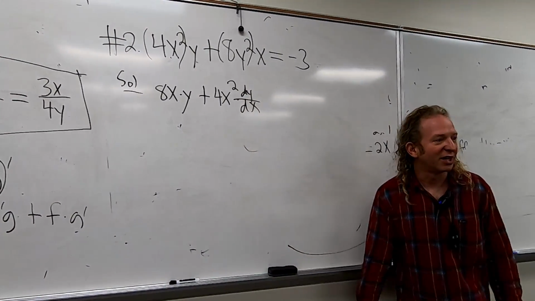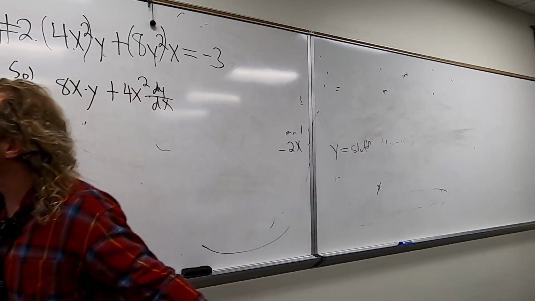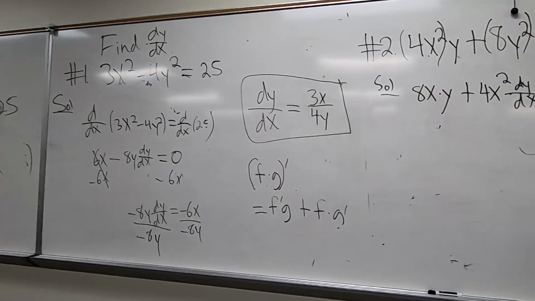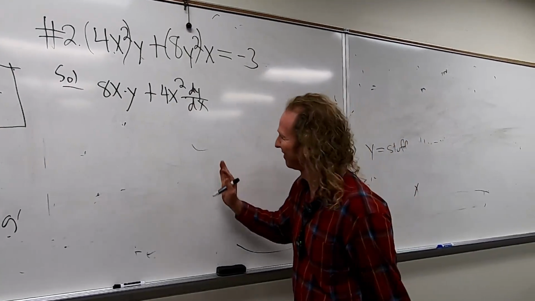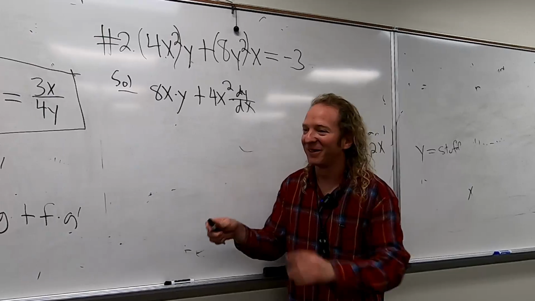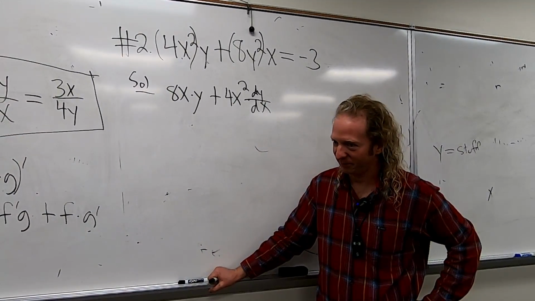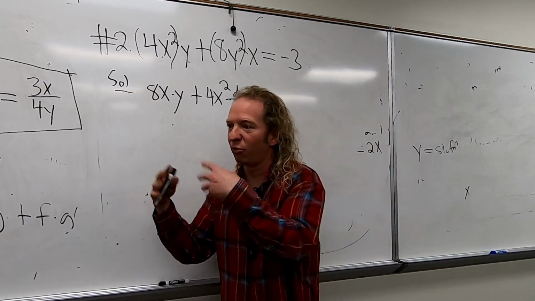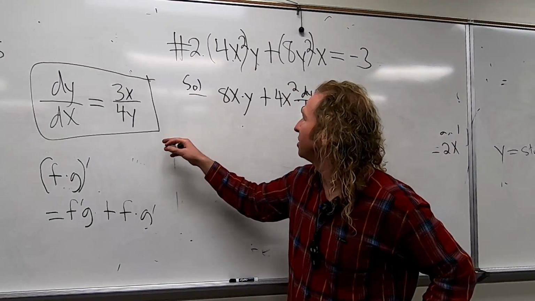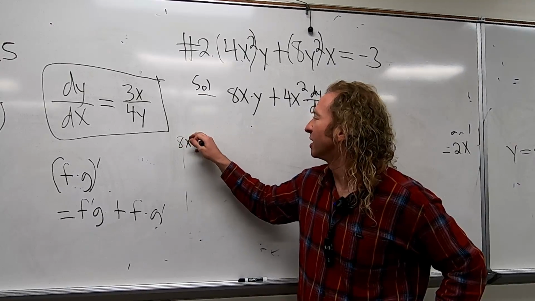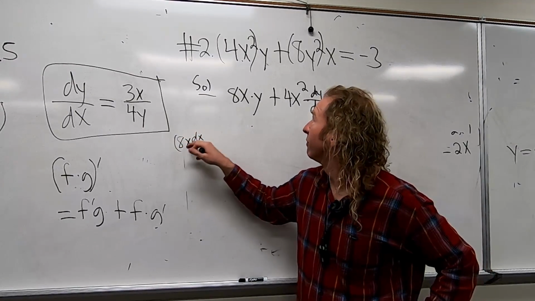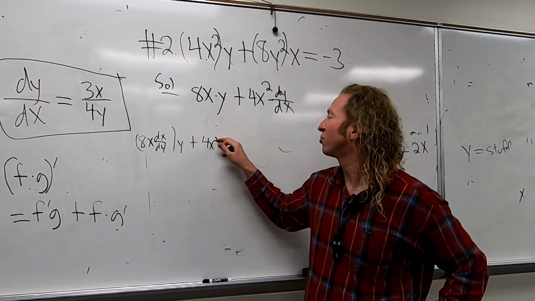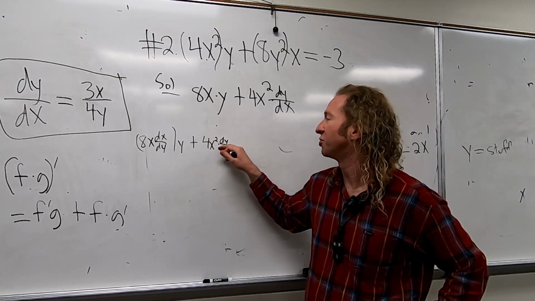Let me pause here and go over that again. Remember, it's what Maria asked. We're taking the derivative with respect to x. It's not going to mess with you and flip them on the test. If you're doing dx over dy, then it would be 8x dx dy, derivative of the first times the second plus the first times the derivative of the second, which is dy dy, which is just 1.